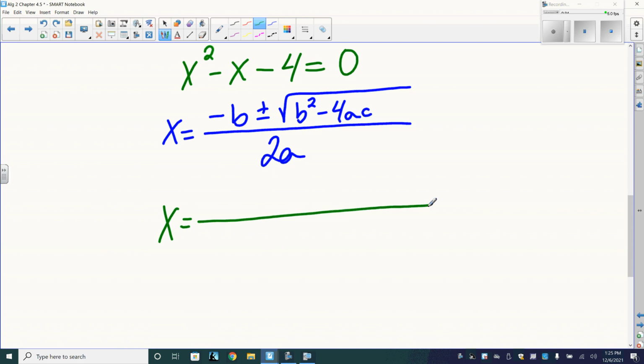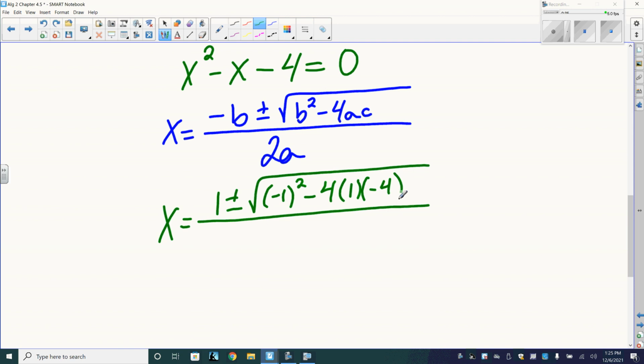So our negative b, negative 1, would be positive 1, plus or minus the square root of negative 1 squared minus 4 times a times c, all over 2 times a. Well, a is still 1. 2 times 1 is 2. Any questions?